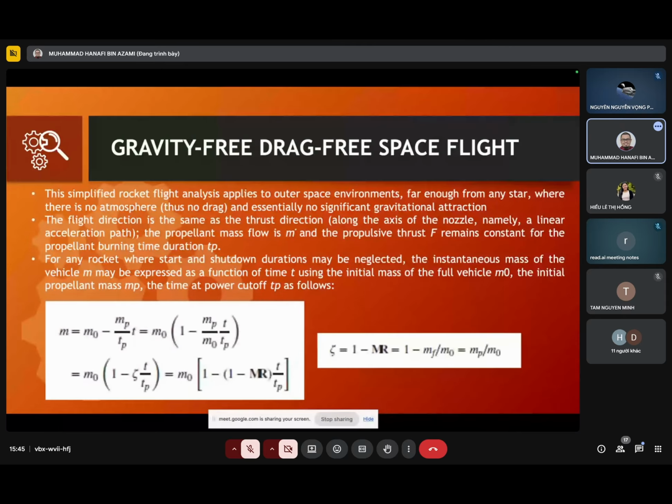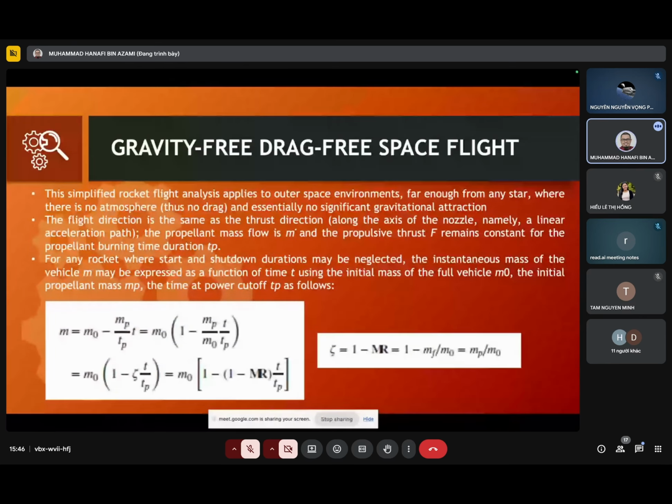So m here is an instantaneous mass, equal to m naught, which is the initial mass before launch, minus mp over tp times t. Here mp is the propellant mass, tp is the power cutoff time, and t is which second you are referring to.